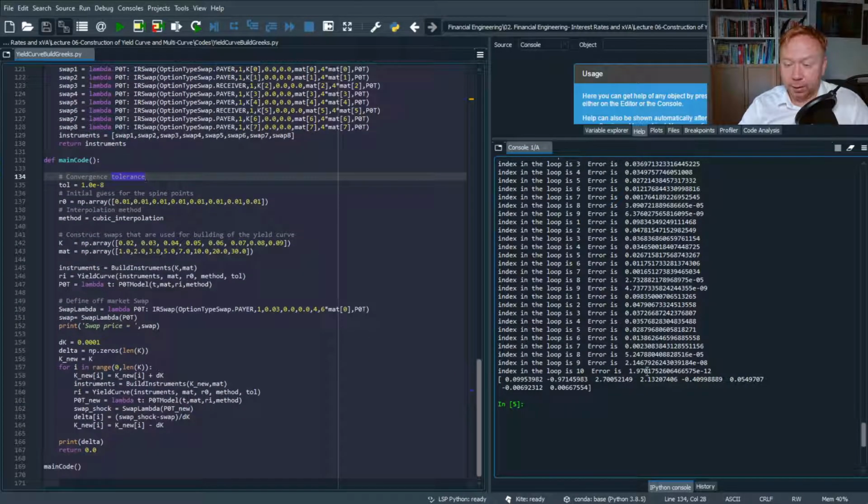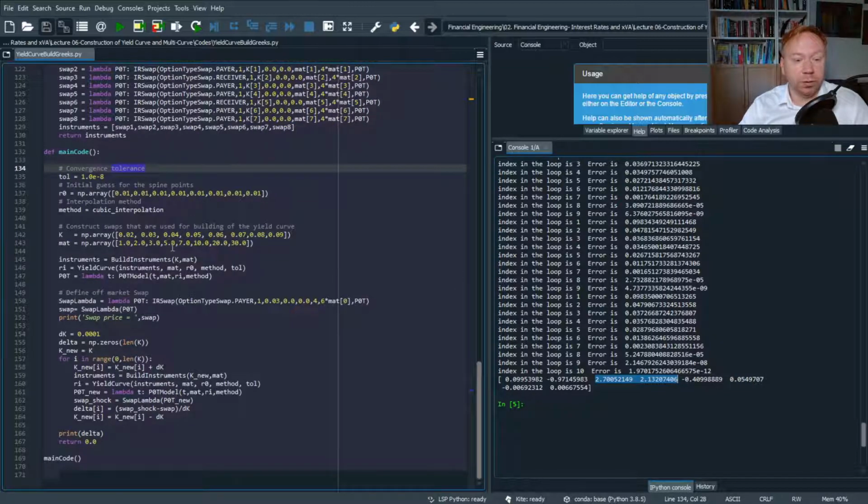We see sensitivities again. As we had before, most of the delta is between the third and fifth year, which is what we had for linear interpolation. However, here you can see that because of the cubic interpolation, we also have sensitivities to products much later than the maturity of our swap.